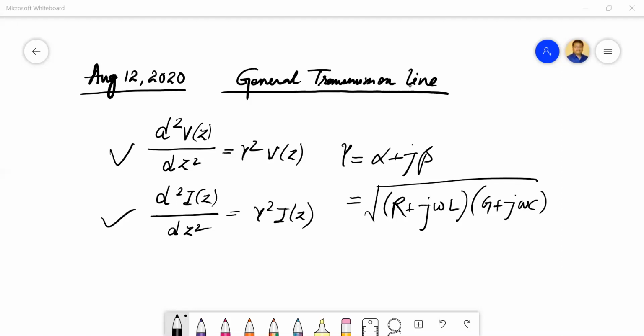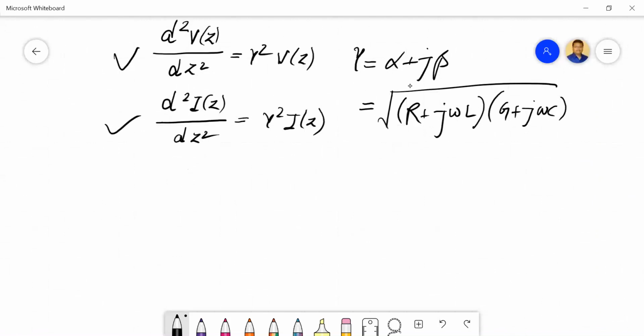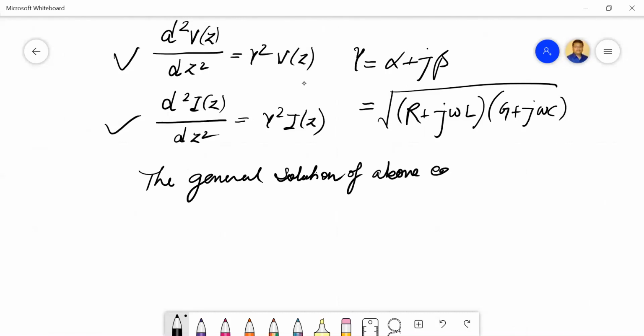Now if you talk about the solution of these two differential equations, the general solution of the above two equations we can write like this: V as a function of z is equal to V plus of z plus V minus of z.